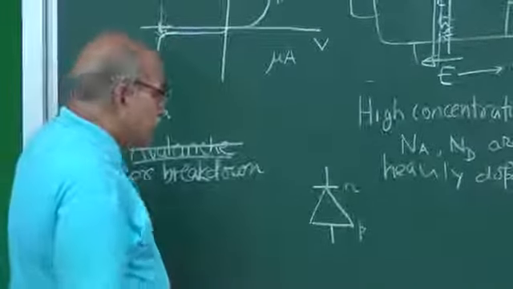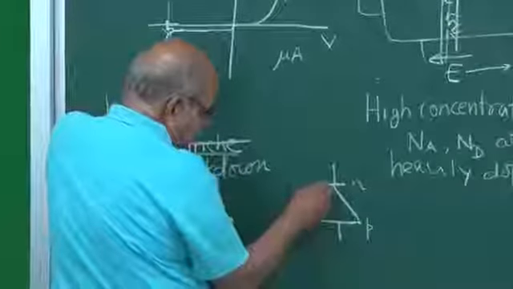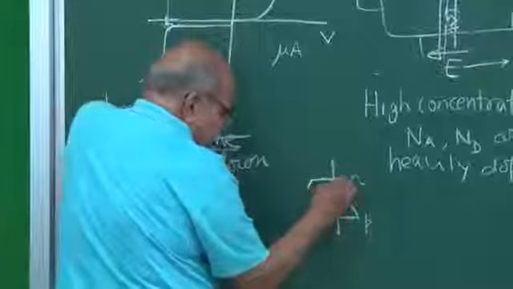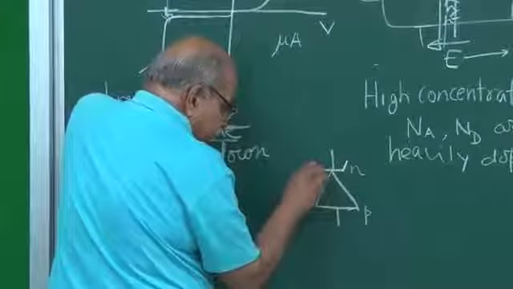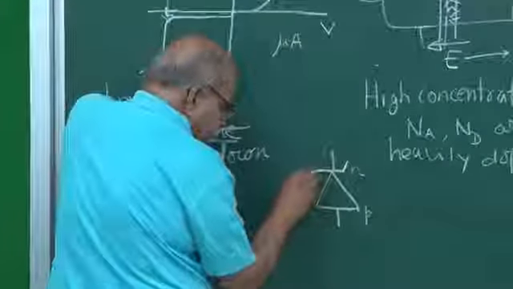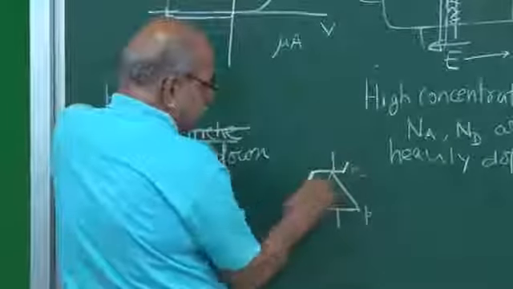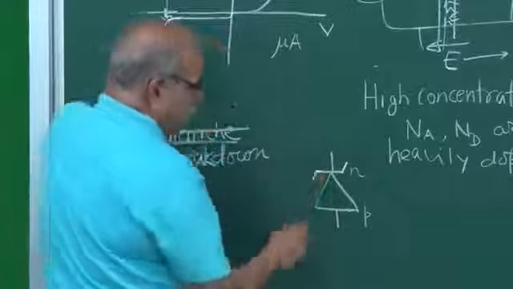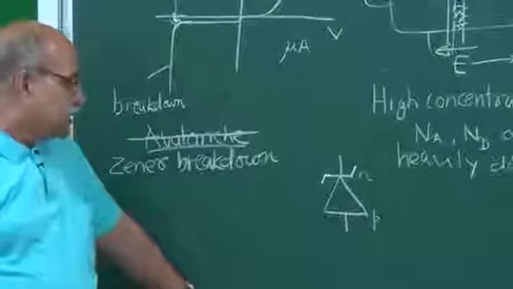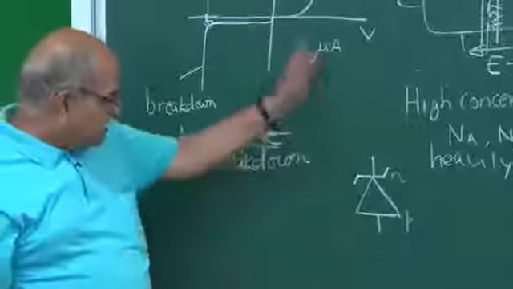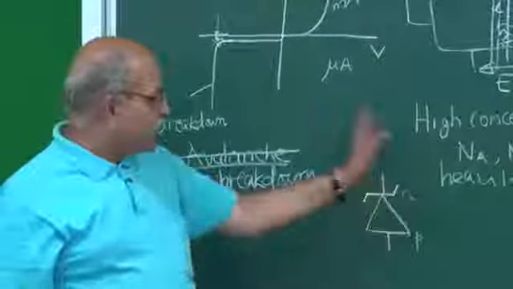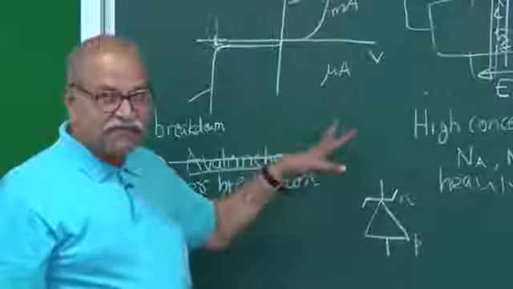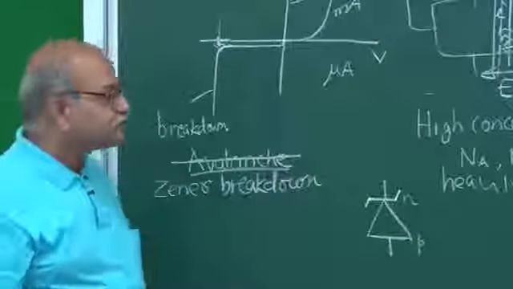But for Zener diode, this symbol has a slight modification. You put 2 more lines like this. So this is a symbol for PN junction, the Zener diode. Wherever you see these two extra lines, you understand that we are talking of Zener diode.